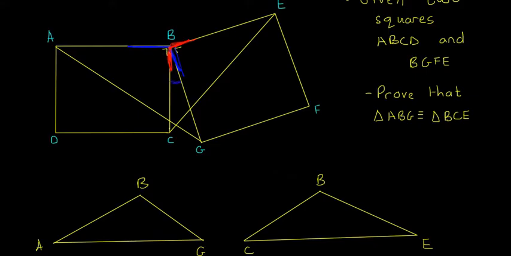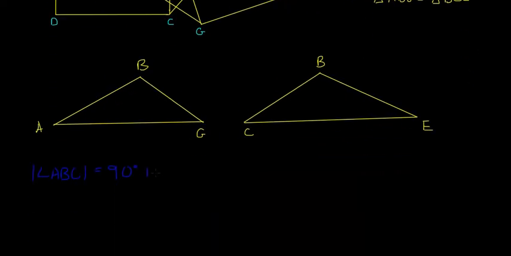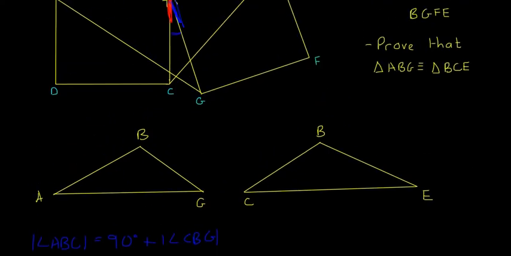So it's the 90 degrees plus this little angle here, which is CBG. I'm going to write that: 90 degrees plus the angle CBG, which is that little bit in the middle.